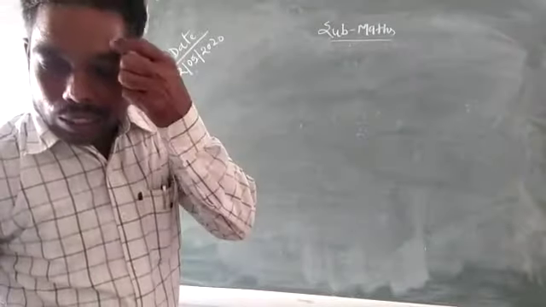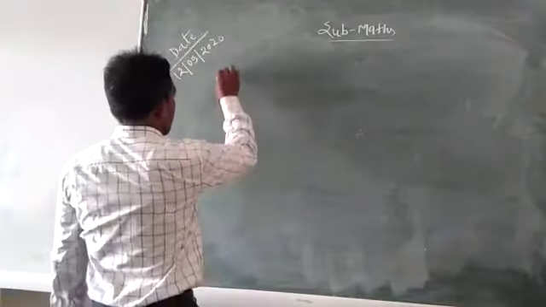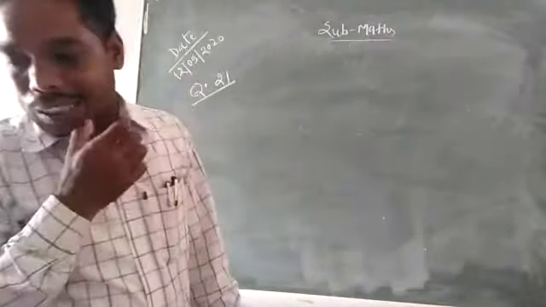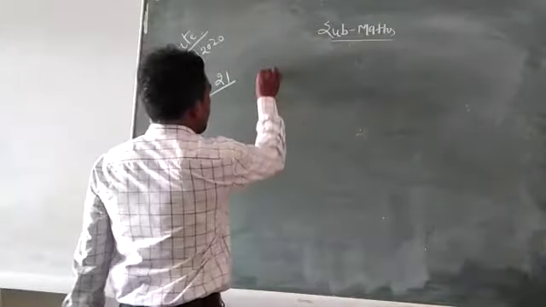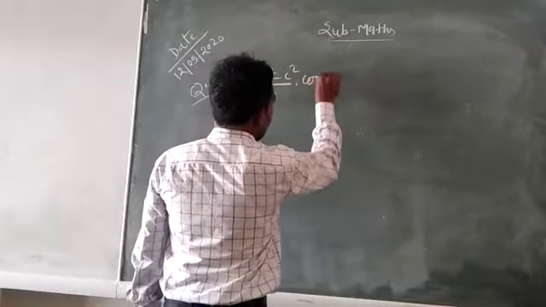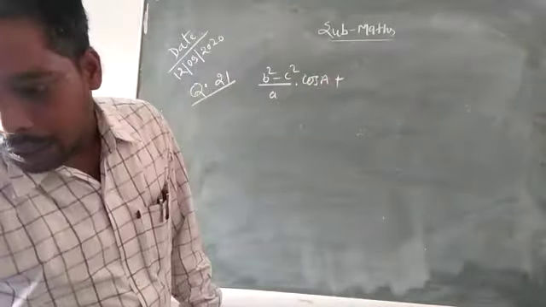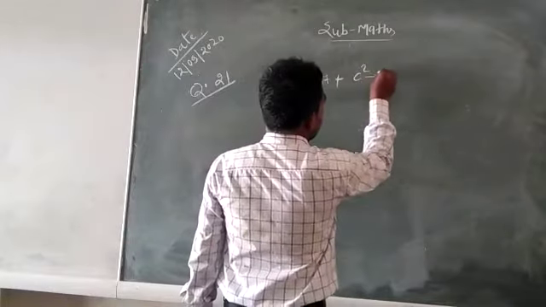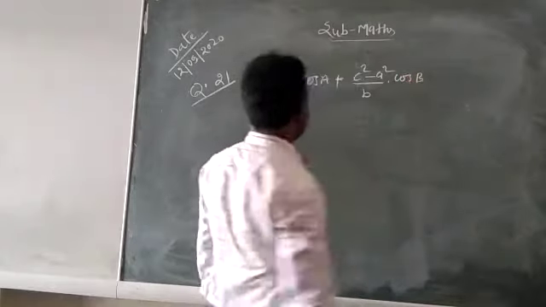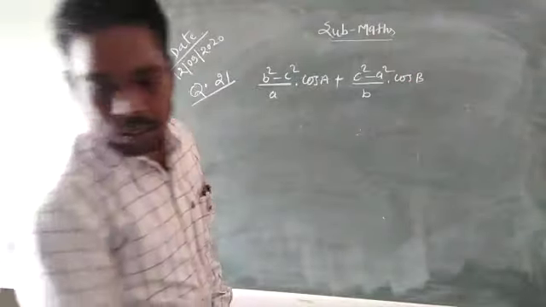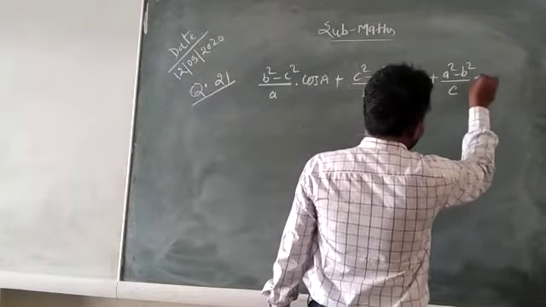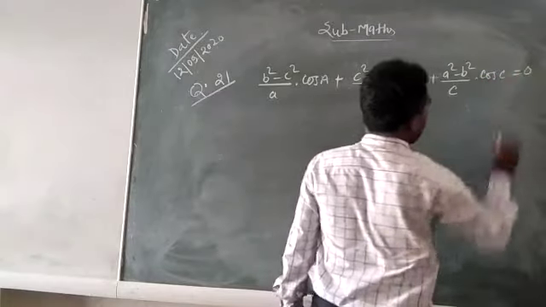Question number 21 says prove that (b square minus c square) divided by a into cos A, plus (c square minus a square) divided by b into cos B, plus (a square minus b square) divided by c into cos C, equals 0.